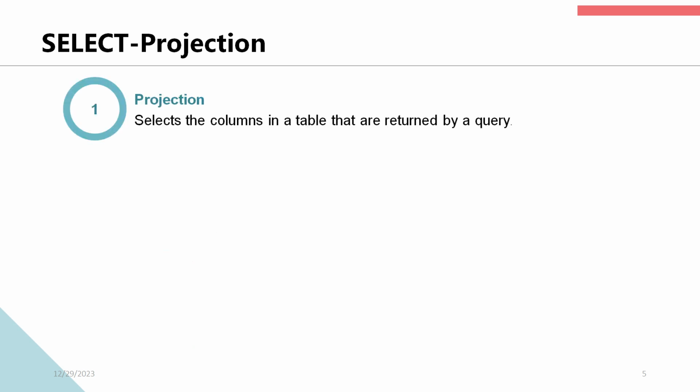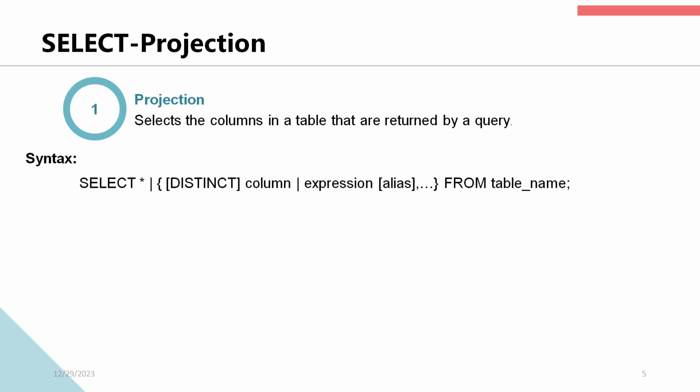So here, with the projection, as we discussed, it is used to retrieve data with respect to the columns of a table. And this is the syntax that we use to perform the complete projection capability. So let us try to understand and break down this syntax into parts so that we understand how to use the select statement.